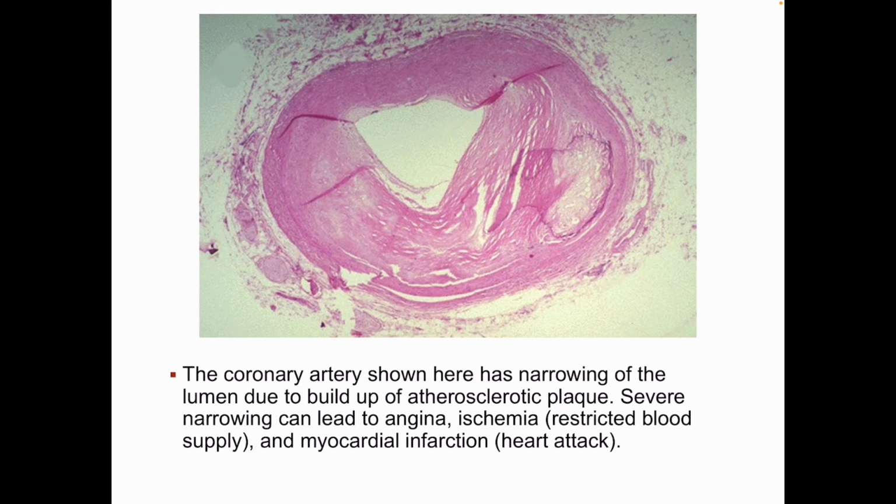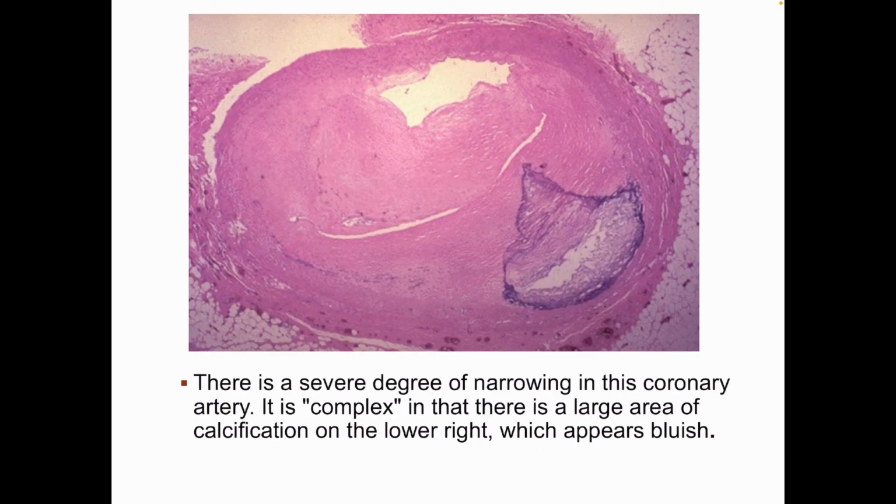This one here, the coronary artery is severely narrowed by an atherosclerotic plaque, and this could lead to symptoms like angina, which manifests itself as chest pain, reduced blood supply, or a myocardial infarction or heart attack if that artery becomes completely blocked. Again, you can see that this coronary artery has become quite significantly blocked with the atherosclerotic plaque.